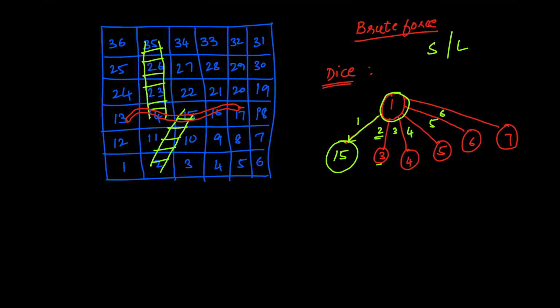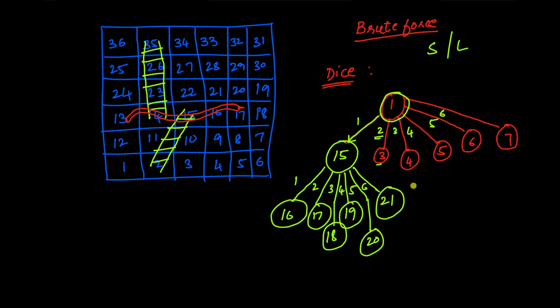As I have not reached the last cell, I will roll the dice again. We will have to do the simulation for all the cells. Let's start with 15. These are all of the values after rolling the dice a second time. One of the legs takes me to 17, which has a snake. So instead of staying on 17, it should take me to 13. So I'll replace that value with 13 in this formation.